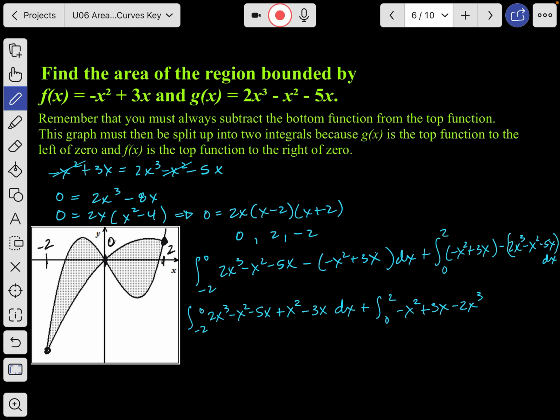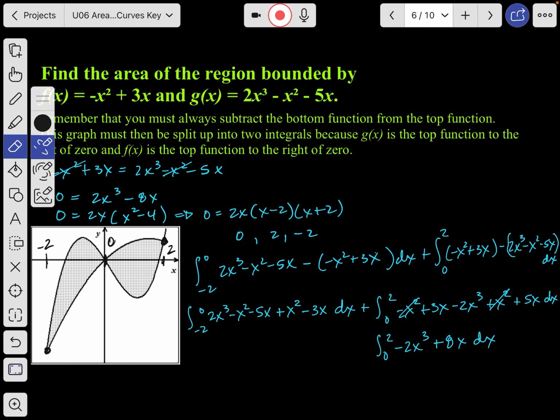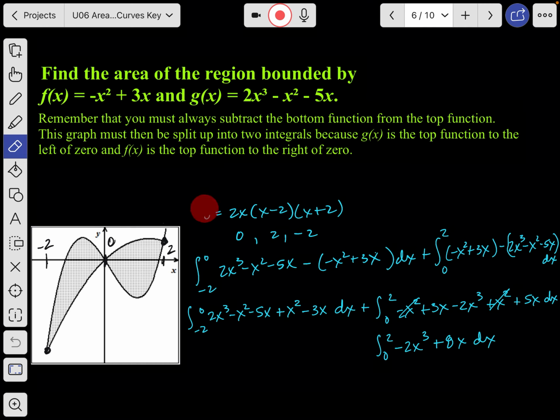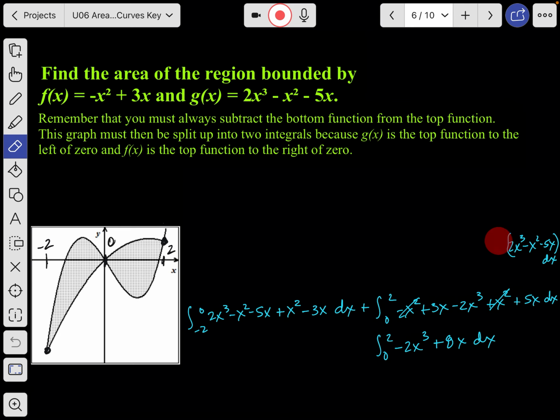So then that's going to be plus x squared plus 5x dx. And let's see, was there anything over here I could cancel? Yes, I can cancel these two and combine those like terms. So I'll end up with negative 2x cubed plus 8x dx for this integral. All right, let me go ahead and clean off some space so that I can evaluate.